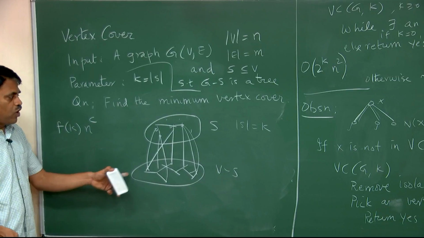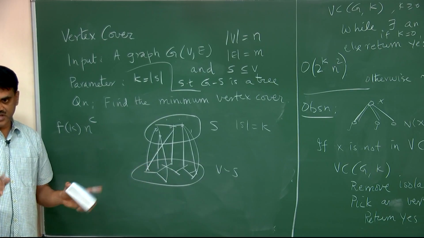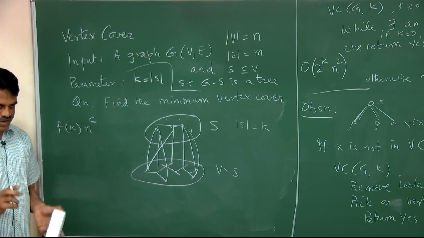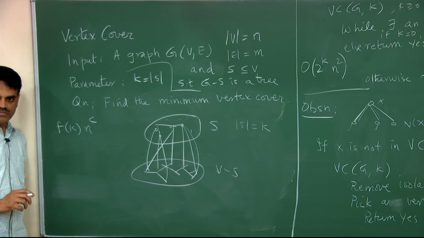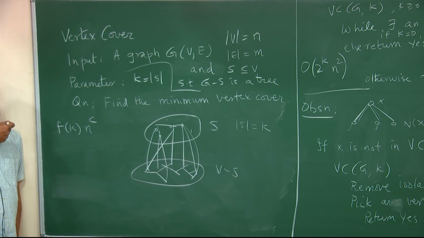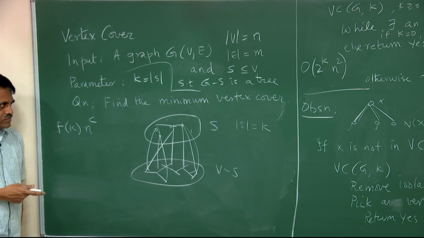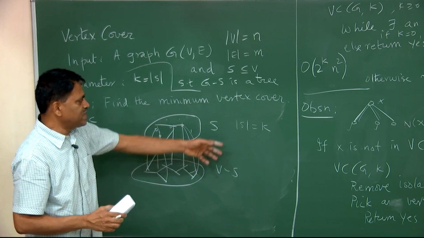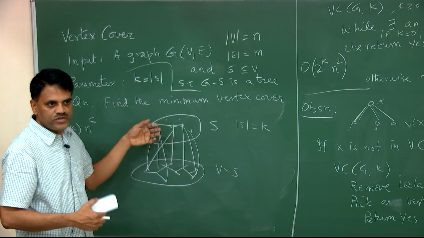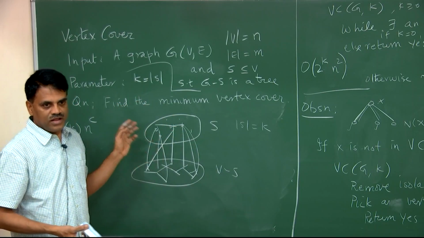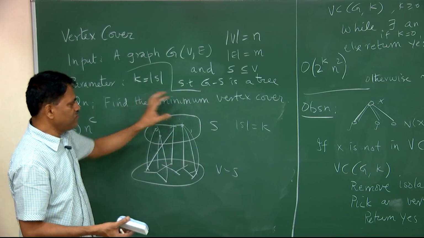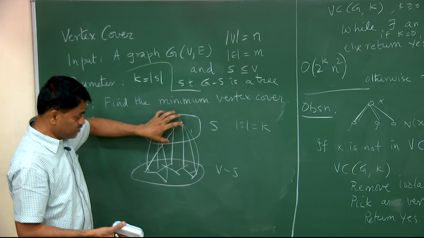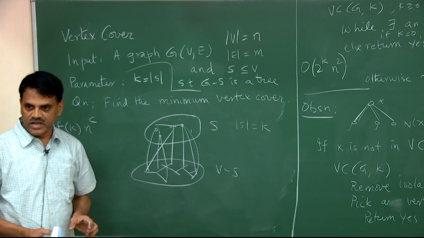And we know that on a tree I can find the minimum vertex cover in linear time, polynomial time. Okay? So, how do I? So, you can be exponential in this size, right? So, you should take advantage of that. I am happy to be taking time which is exponential in this part of the input, the rest of it should be linear.